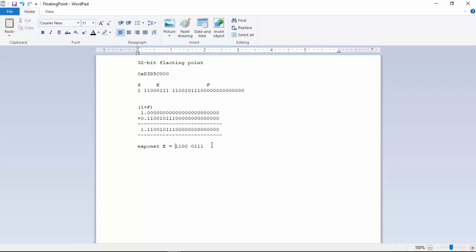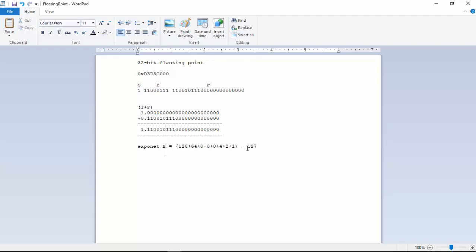So we are talking about 128 plus 64 plus 0 plus 0, 32, 16, and then 0 for 8, then 4, 2, 1, right? So this exponent bit pattern's corresponding unsigned value, minus 127, okay.